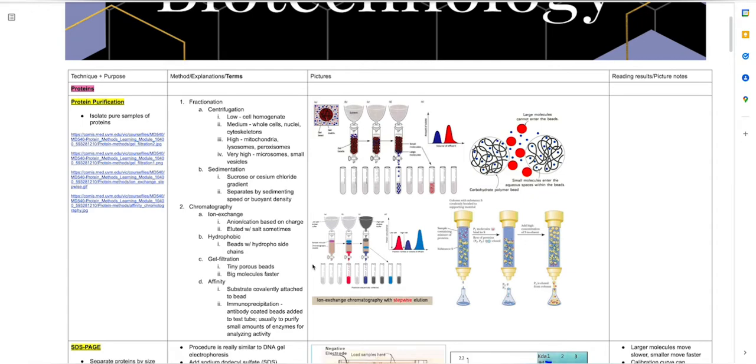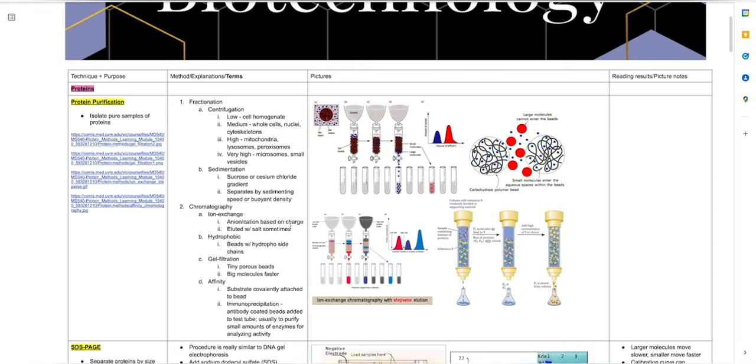So there's 4 types of chromatography columns. So there's an ion exchange column, and there's 2 names that it can have. So an anion exchange column is basically if what you're trying to pull out of the solution is an anion or negatively charged. And then a cation exchange column is the opposite.